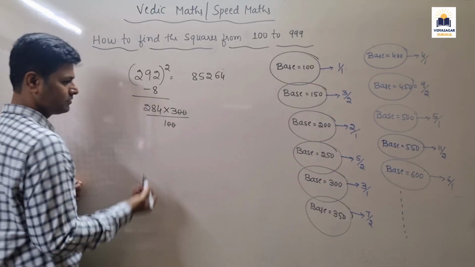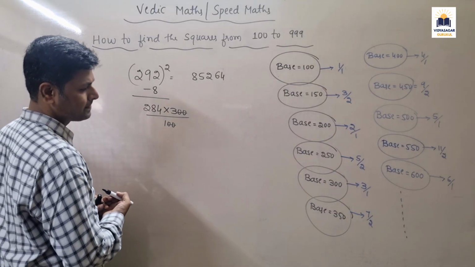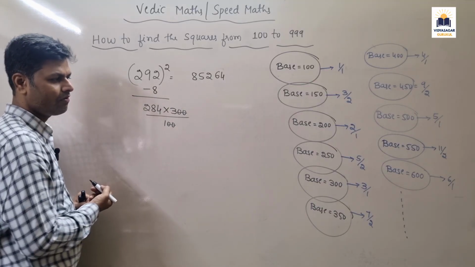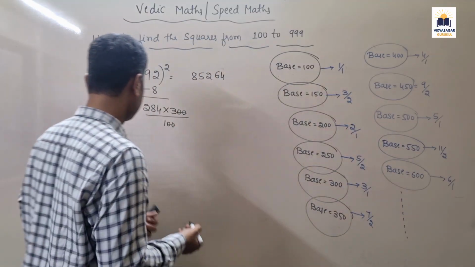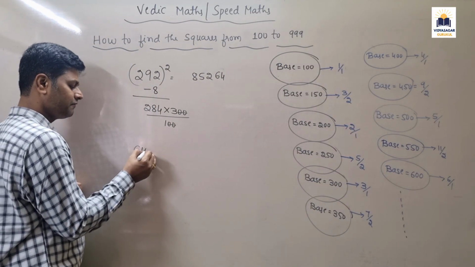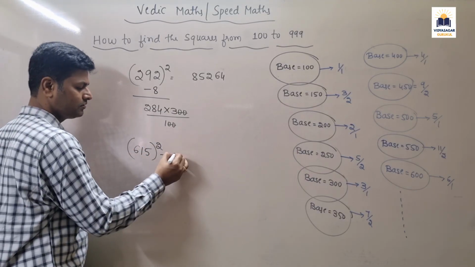Okay. Suppose one more number we will take. Suppose I am talking about the nearest base 600, 615 square. How to write it?